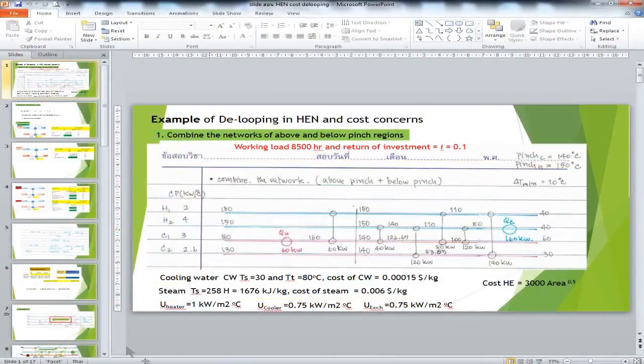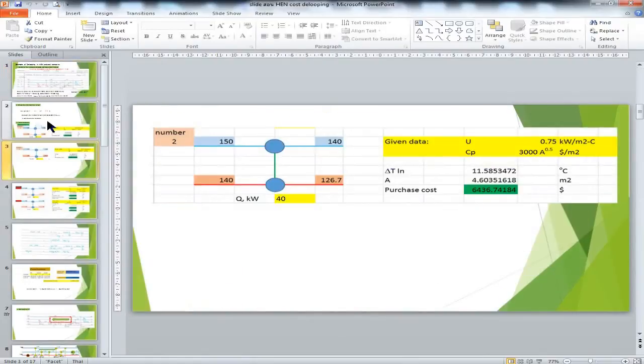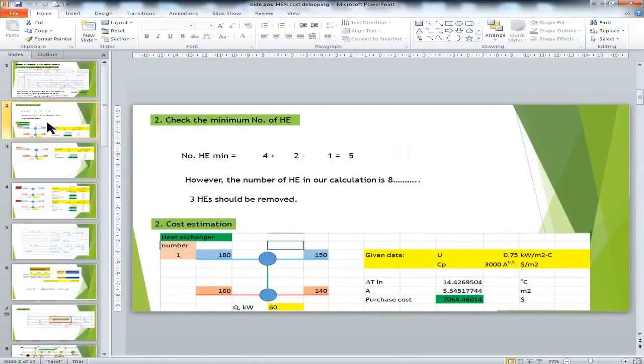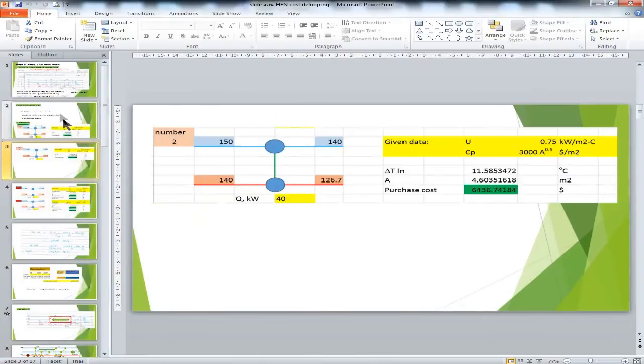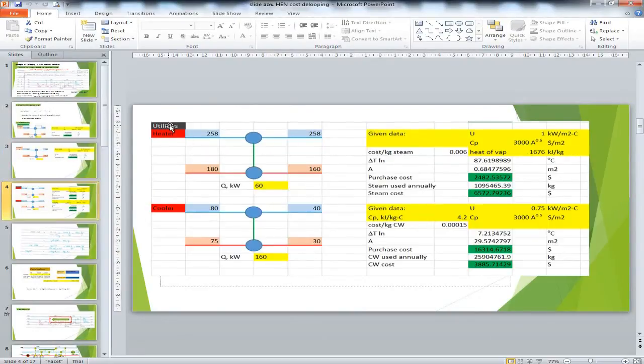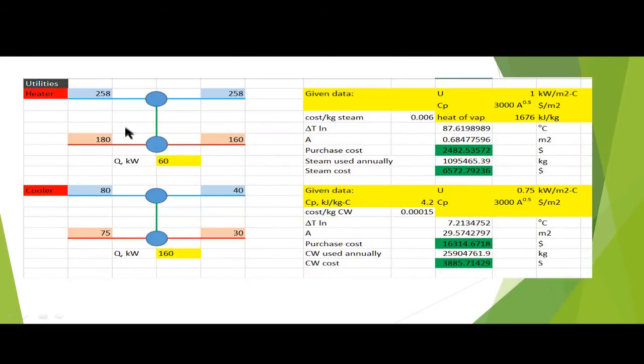Then let me go back to the slide. Now these 2 slides show how to calculate an example of heat exchangers, 2 of them. And now I would like to show how to calculate the utilities. Okay.